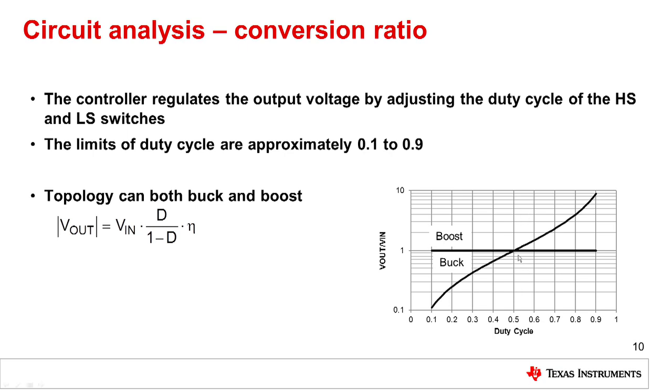For duty cycles greater than 50%, the output voltage is greater than Vin, and for a duty cycle less than 50%, the output voltage is less than the input voltage. So essentially that's where the name buck boost comes from, because under one condition it is bucking the input voltage, and in another condition it's actually boosting the input voltage.